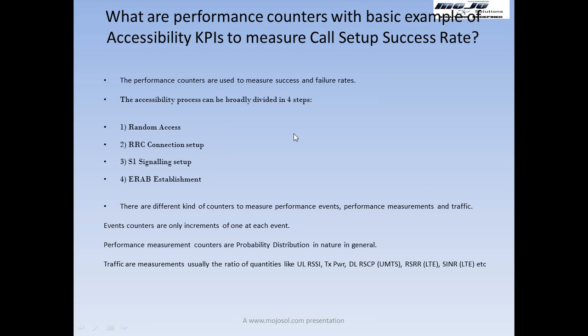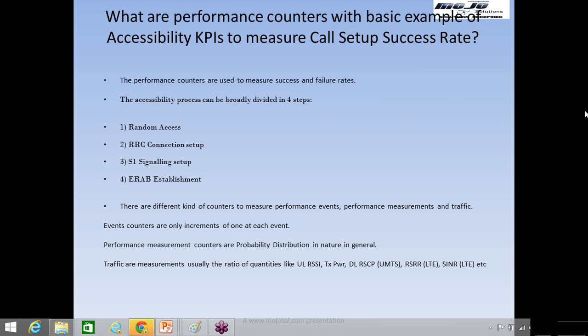These are the random access, RRC, S1 signaling and RAB establishment. If random access fails, we will not reach RAB establishment. If RRC fails, we will not reach there. If S1 signaling fails, we will not reach there. So what we do, call setup success rate, or accessibility as it is called, is a product of, mathematical multiplication of, all these 3.